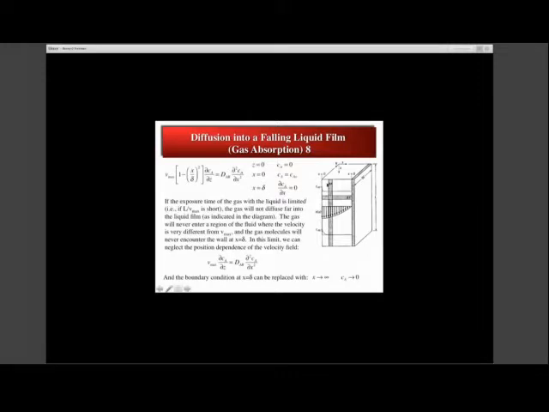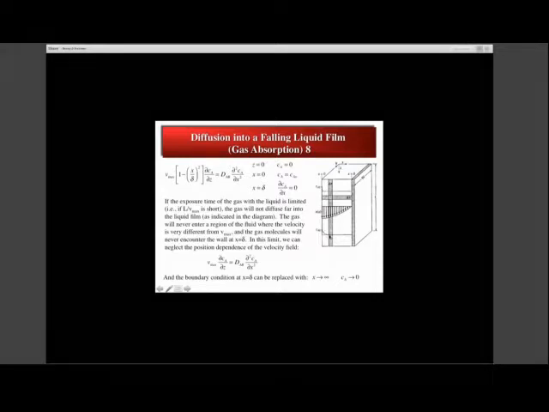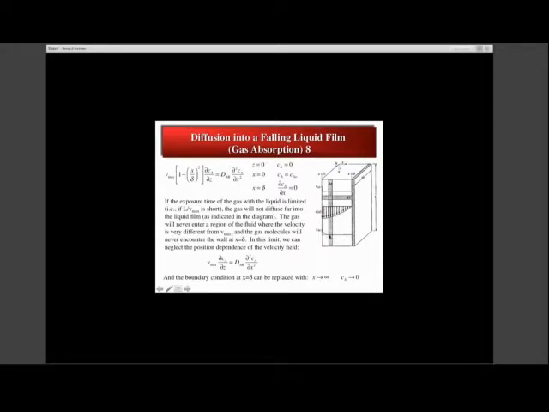So if we imagine that this liquid is flowing down the wall of this plate rapidly, such that the exposure time of the gas with the liquid is short, or L over V max is short, then the gas doesn't have time to diffuse very far into the liquid.